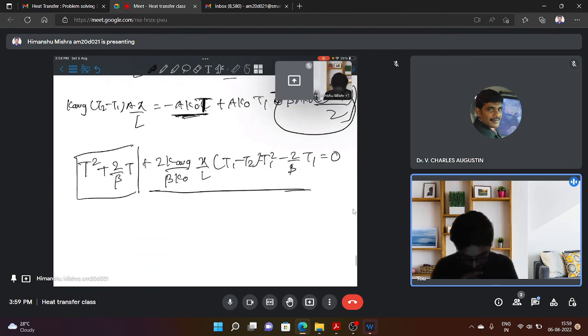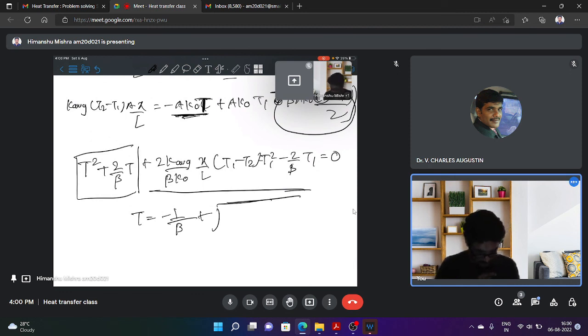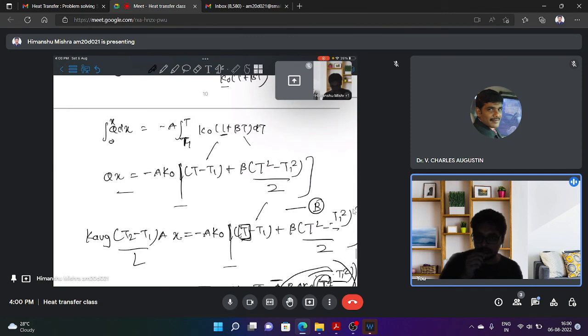So this is a quadratic equation, so we can find the roots of this equation. After finding the roots, we can write the expression of T as the roots of this equation, which will be some complicated function of 1 by beta plus some square root, 1 by beta square and some function of k, T1, T2 and so on. So any doubt in this question?